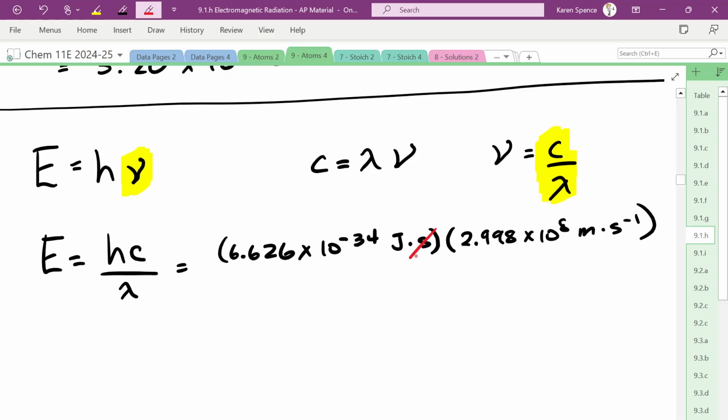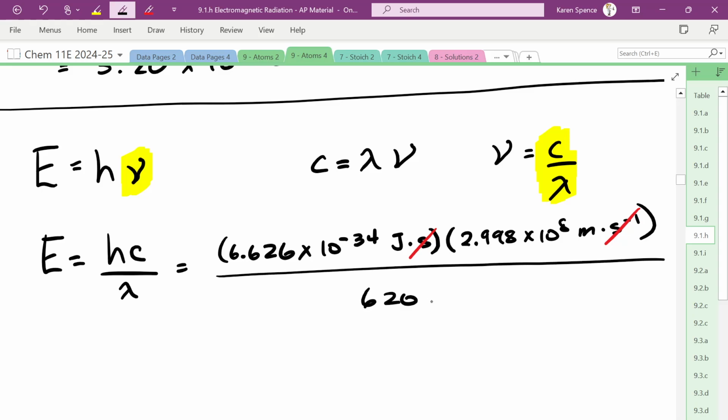The seconds and the seconds to the negative 1 cancel, and right now we've got joule meters on the top. On the bottom, we have 620 nano, which is 10 to the negative 9 meters. And now our meters cancel out, and the only unit we are left with is joules.